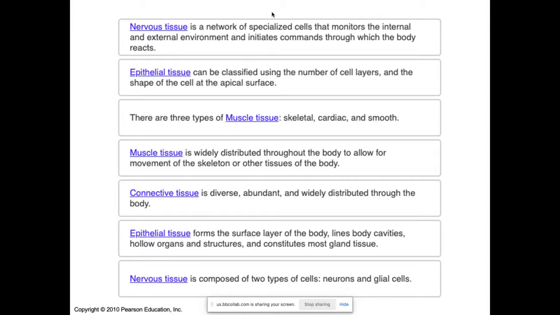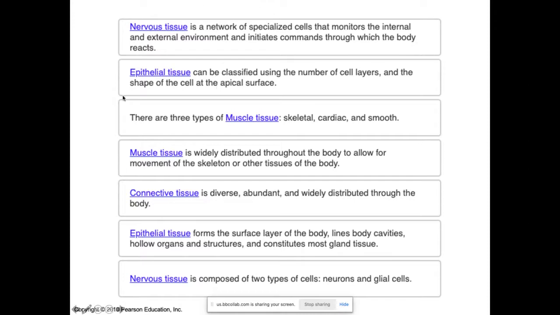But if we had multiple layers of square-like, cube-like cells, then we would say stratified cuboidal epithelium. If we had cells that look like tall columns or buildings, then if they were many layers, we could call it stratified columnar epithelium. And if it was one cell layer thick, we call it simple columnar epithelium.